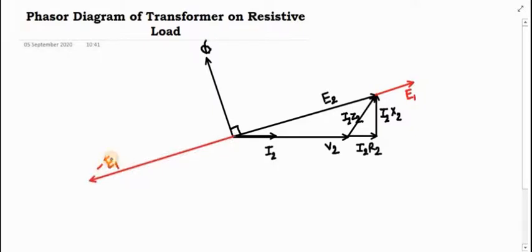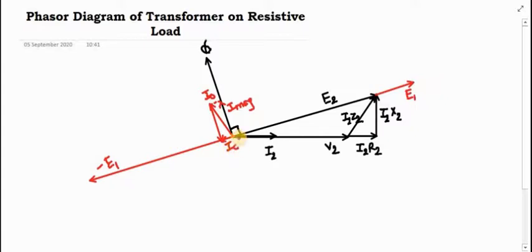Now let us draw I0, which is nothing but the vector sum of your IC and I magnetizing. Here, this is your IM or I magnetizing, and this one is nothing but your IC.